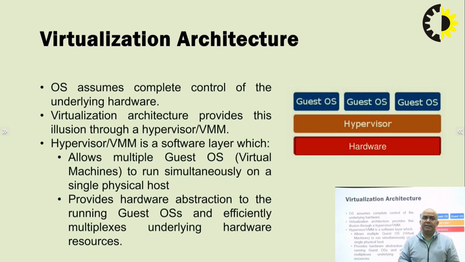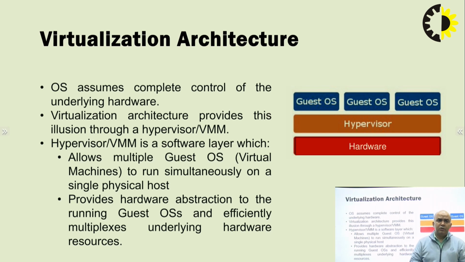Here this VMM is a software layer which allows multiple guest operating systems or virtual machines to run simultaneously on a single physical host. Okay, so these guest OS, or you can say these virtual machines, use the resources of the physical machine, and they emulate and work as individual machines.